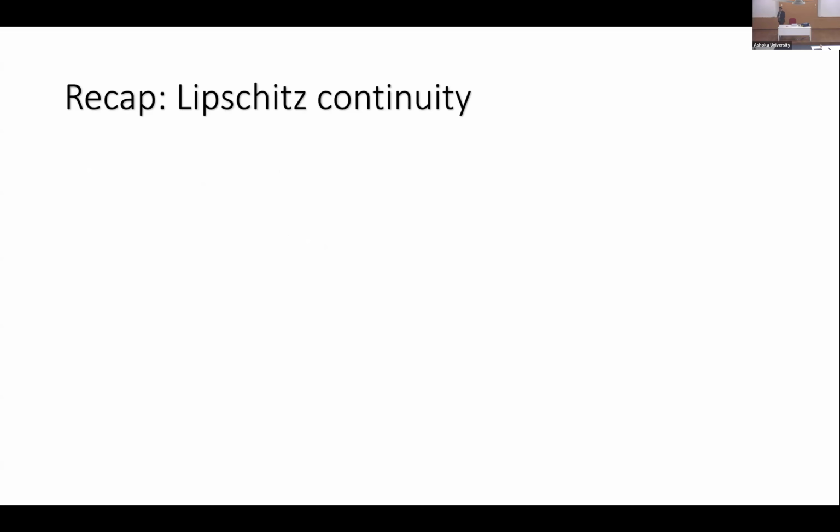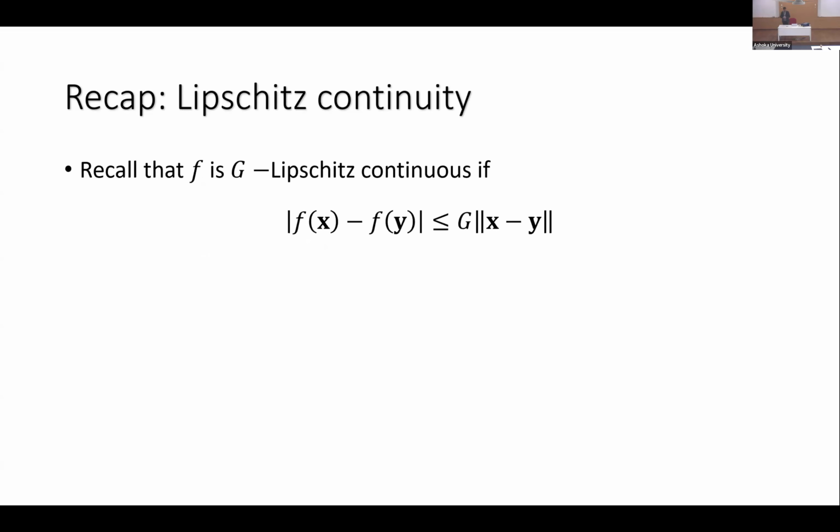So one thing that we'll use here is Lipschitz continuity. A function is said to be G Lipschitz if the absolute value of f(x) minus f(y) is less than or equal to G times the norm of x minus y. So this is the Lipschitz continuity definition, right? This is a class of functions. G Lipschitz continuous functions is a class of functions. This is the kind of class that we are looking at.